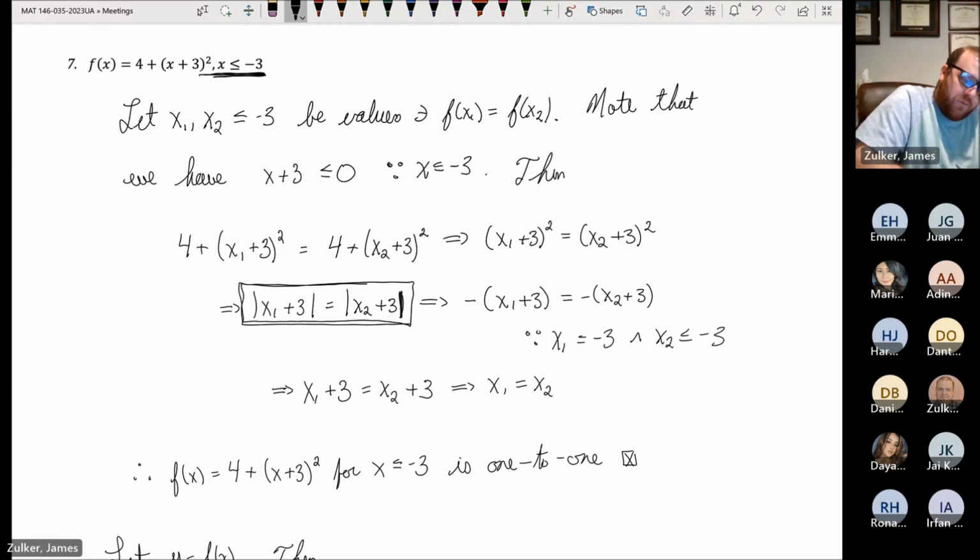If we didn't have the condition that x was less than or equal to -3, you could have that x1 plus 3 is equal to plus or minus the quantity of x2 plus 3, which would not lead to x1 being equal to x2.